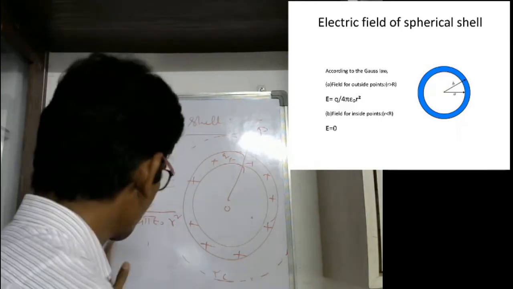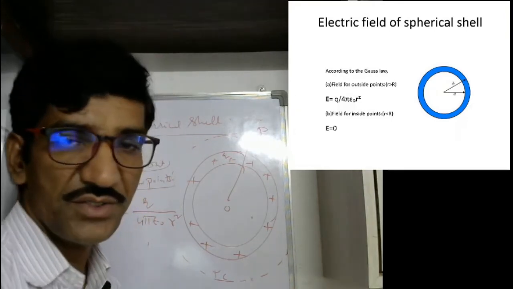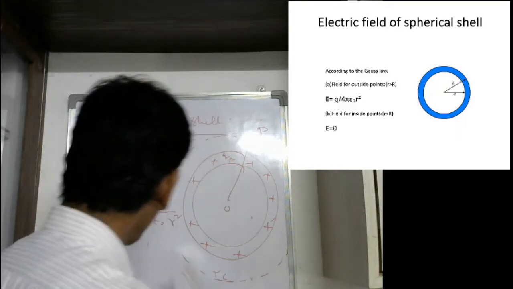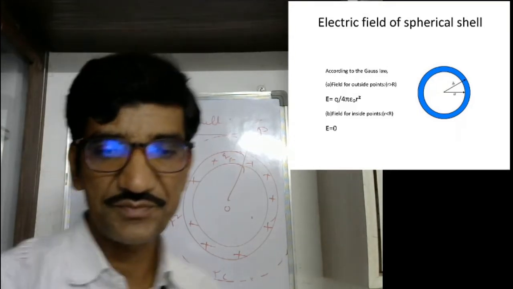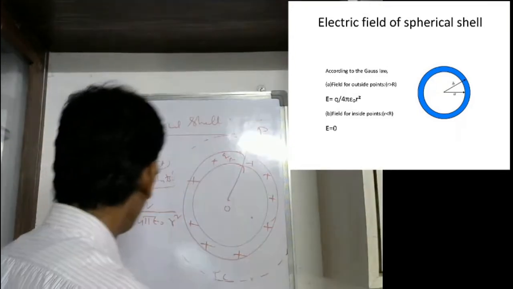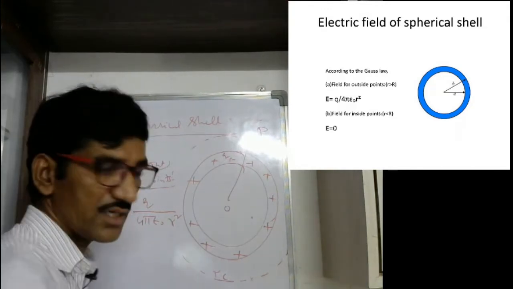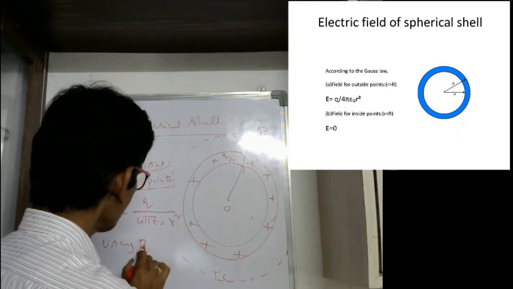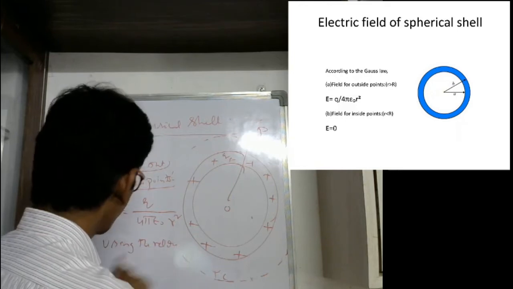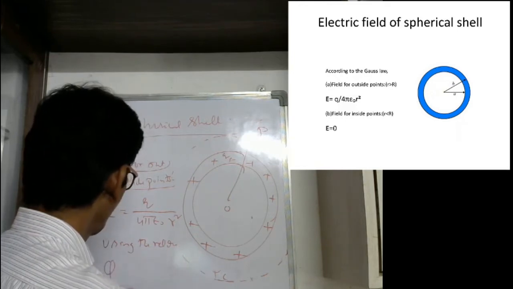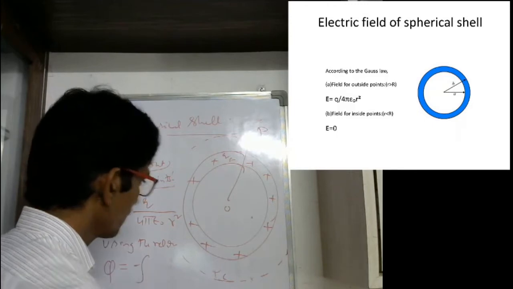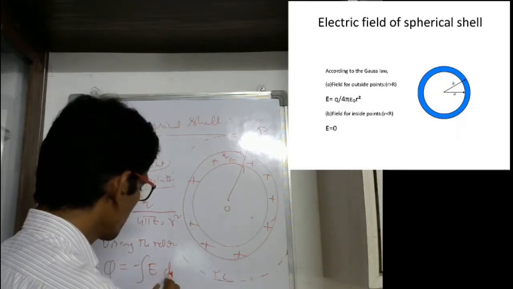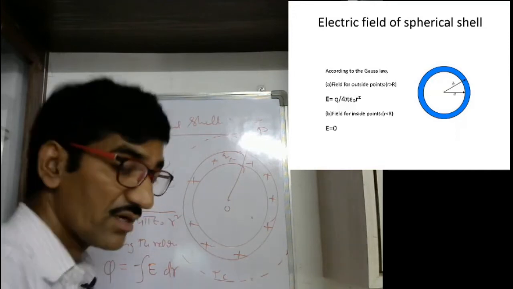Now I am using this expression to evaluate the potential for outside points. Which relation do we have to use here? The same relation: phi is equal to minus the integral of E dr. It is also a symmetrical object.